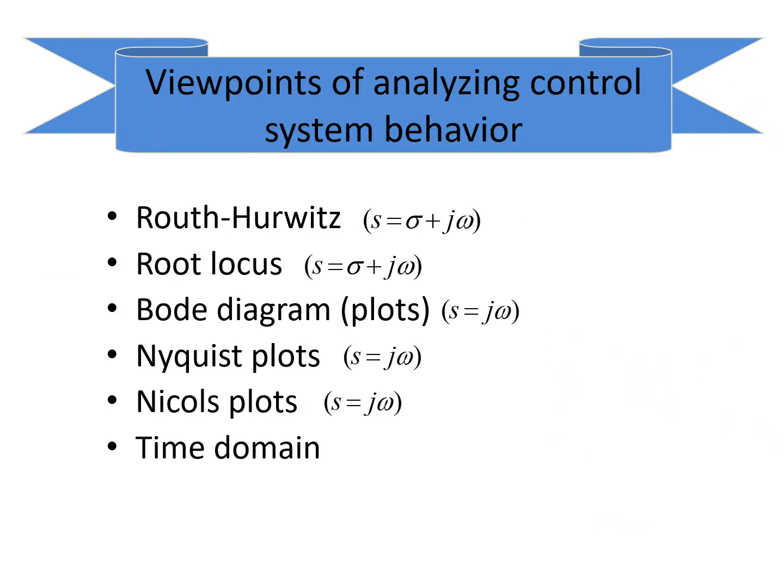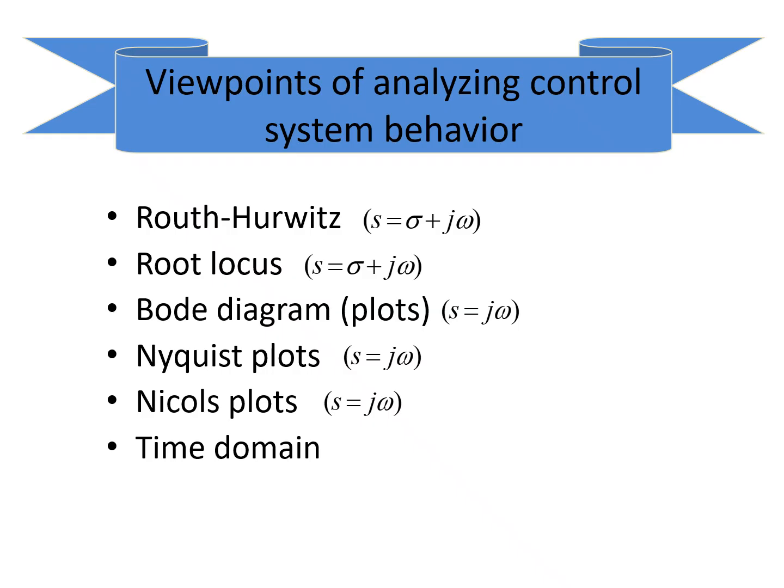Okay, viewpoint of analyzing control system behavior. This we can do using Routh-Hurwitz criteria, where s is equal to sigma plus j omega. We have done that. Root locus is s equal to sigma plus j omega, and also we have Bode diagram plot, which is s equal to j omega.